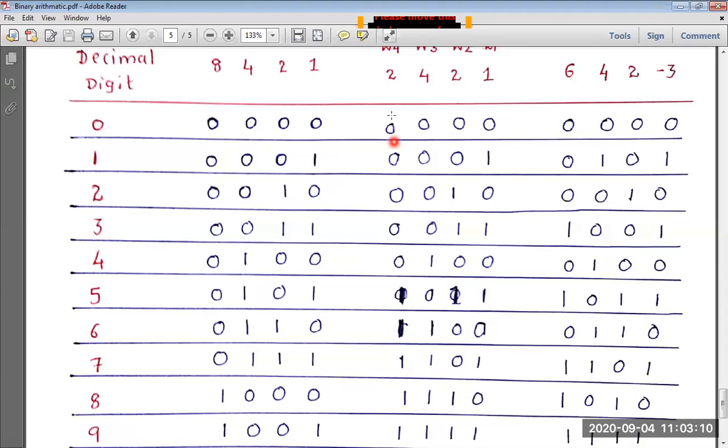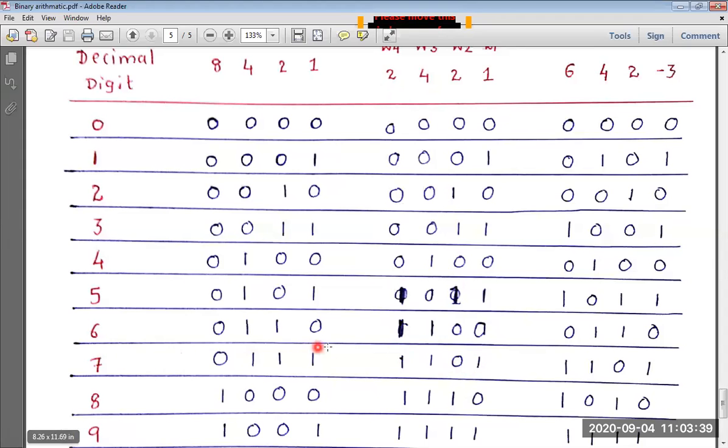So 1 into 2 plus 1 into 4 plus 0 into 2 plus 1 into 1. So we get 2 plus 4 plus 1. 2 plus 4 is 6, plus 1 is 7.